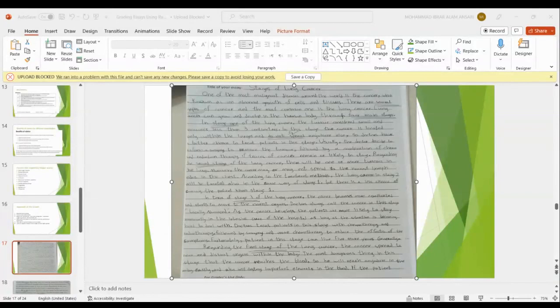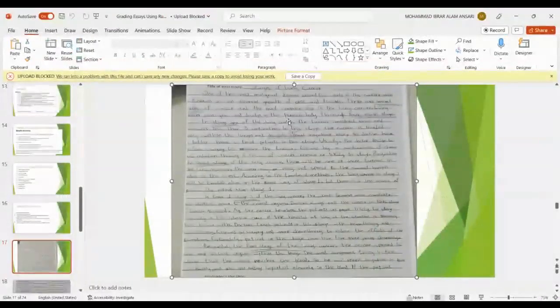Now, does this introduction have a thesis statement? Have a look at the last line of the introduction. Let me read for you because you're not able to see. The last line is: lung cancer can grow and develop in the human body through four main stages.